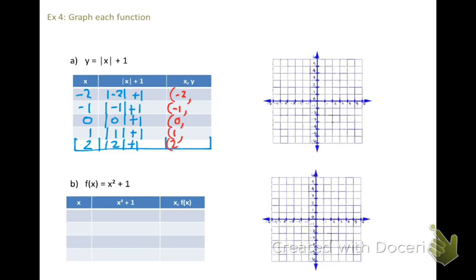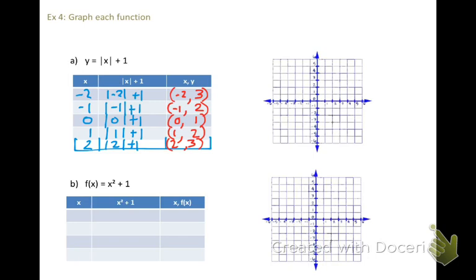So we're going to find out the answer. Absolute value of -2 is 2, plus 1 is 3. Absolute value of -1 is 1, plus 1 is 2. Absolute value of 0 is 0, plus 1 is 1. Absolute value of 1 is 1, plus 1 is 2. And absolute value of 2 is 2, plus 1 is 3. So then I'm going to graph it.